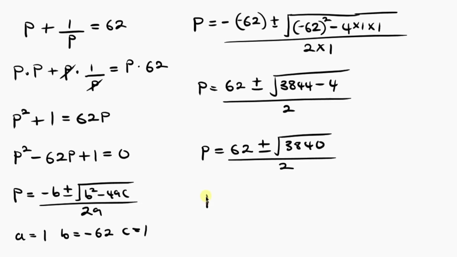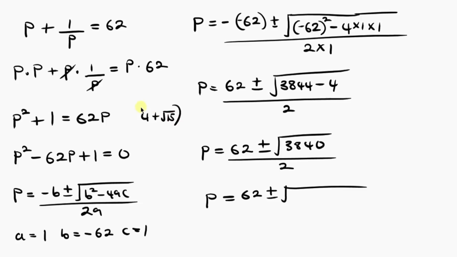P now is equal to 62 plus or minus, well, 3840 is not a perfect square, which means we cannot find a perfect square root for this. Now, what is going to happen here? We have to break this 3840 into 2. So let's break it in 2. And how am I going to do that? Remember, the original question is 4 plus the square root of 15.